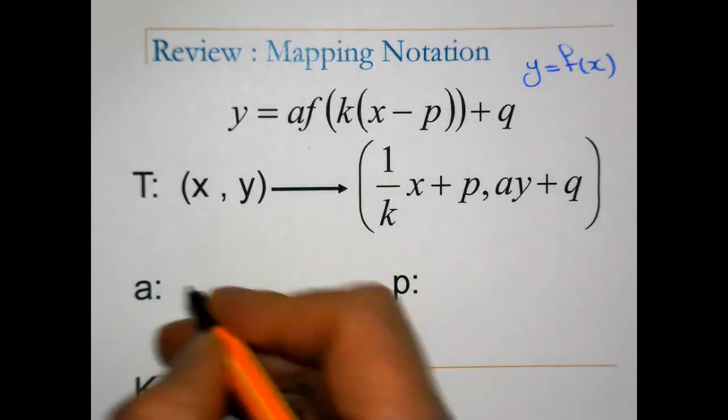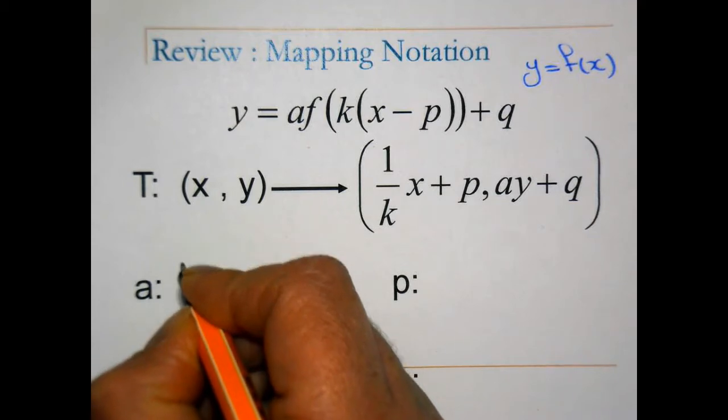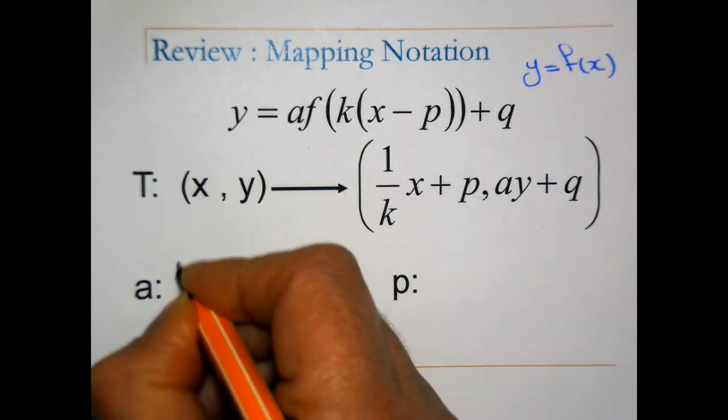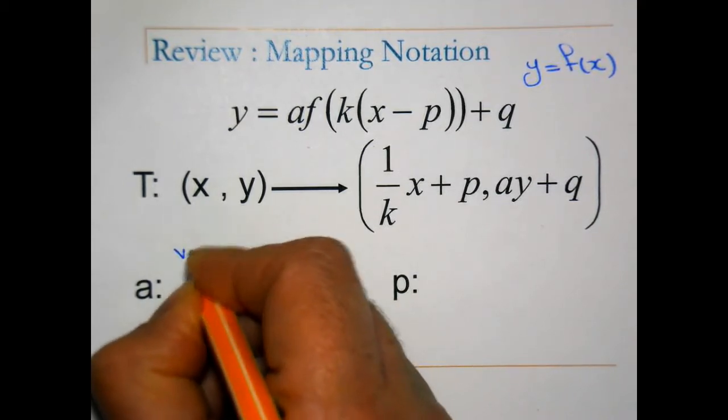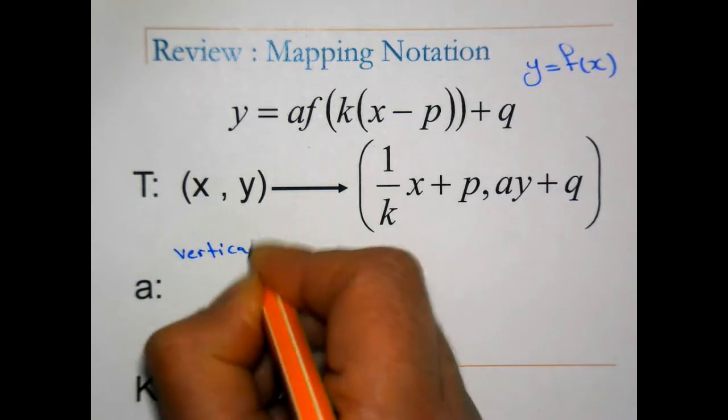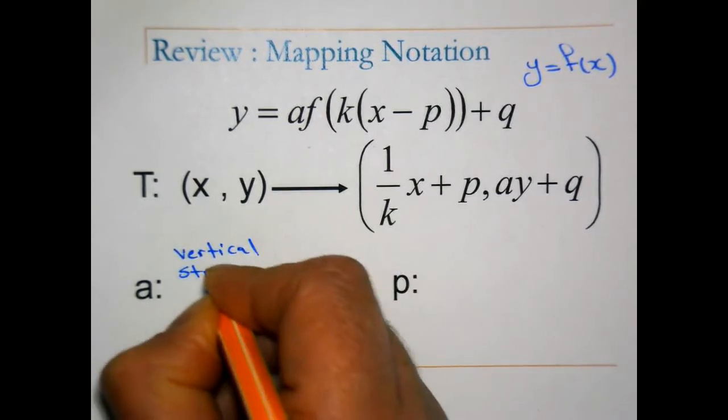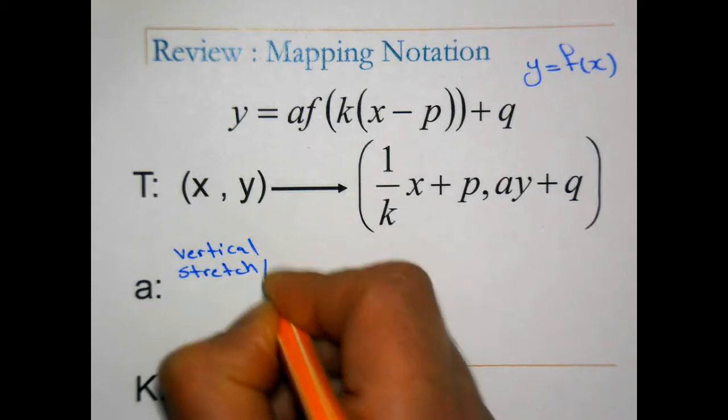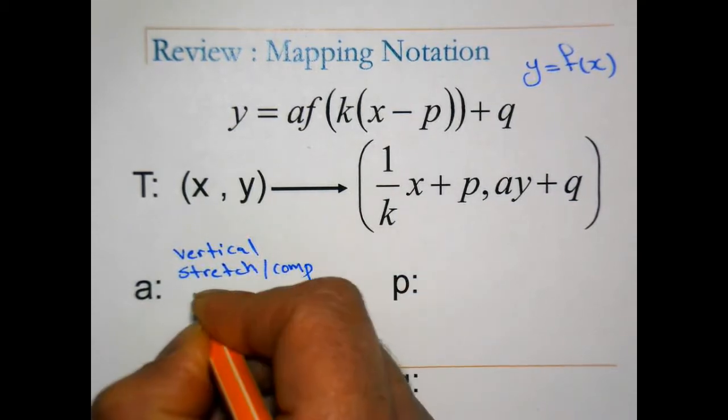A, if you remember, was the factor which would do the vertical stretch or compression, and also reflection.